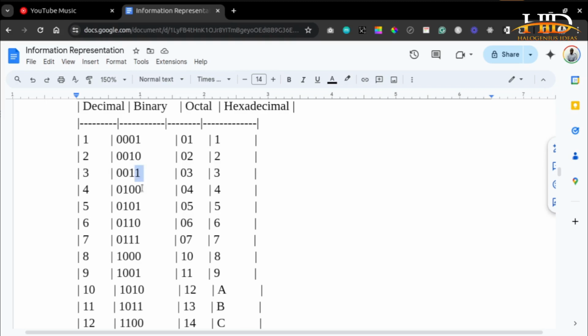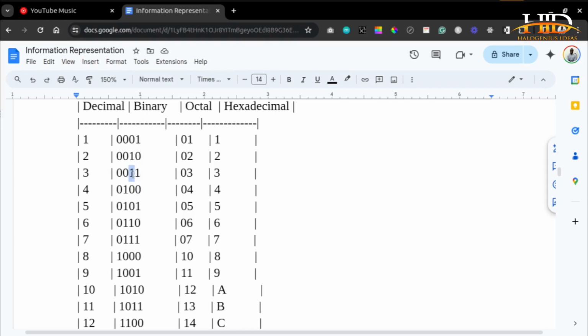If I add one to this one, it's going to give me 10. So I'll write my zero. I'll carry one. So one plus one is going to give me another 10, which is 1 0, not ten. It should be 1 0 since it's in binary.